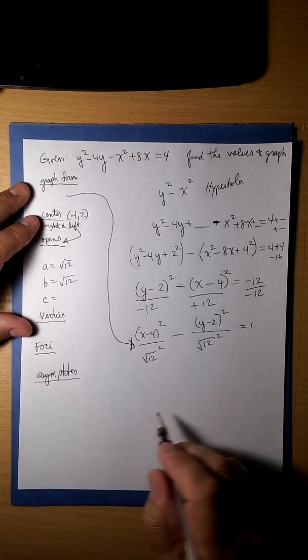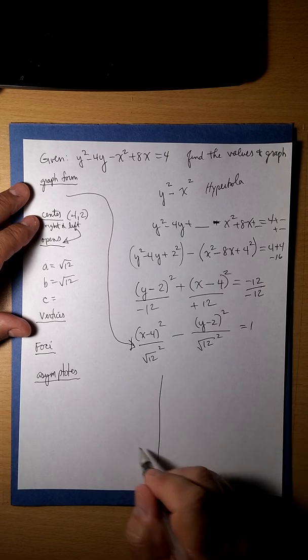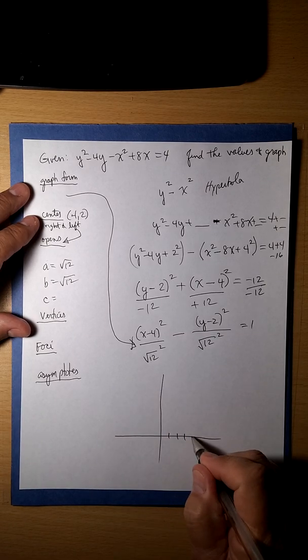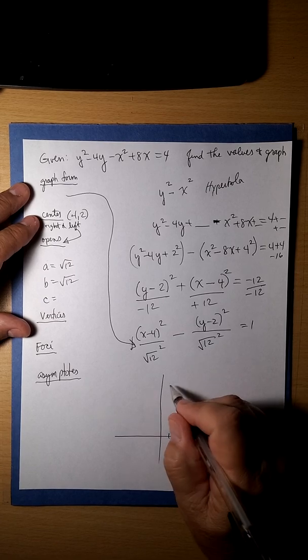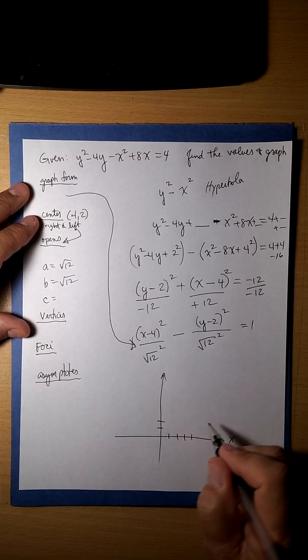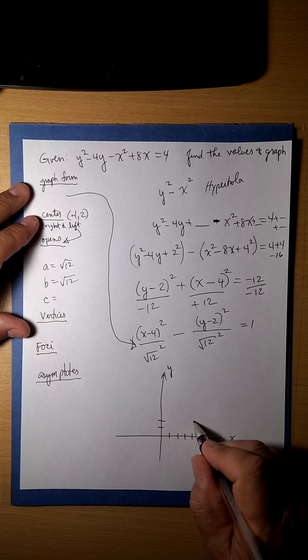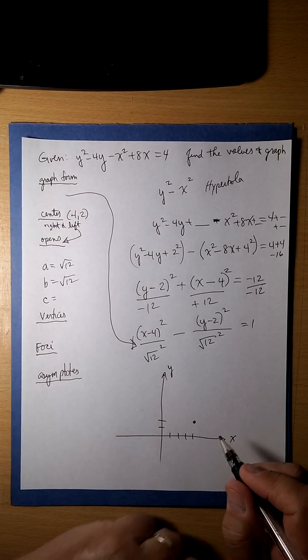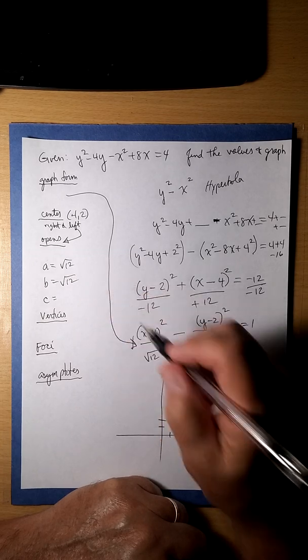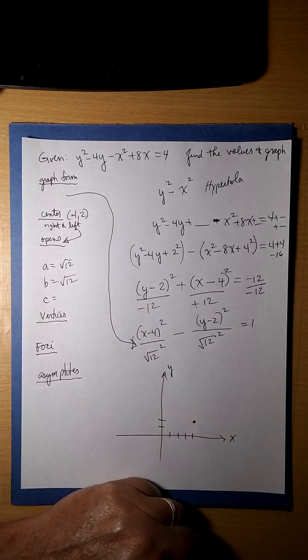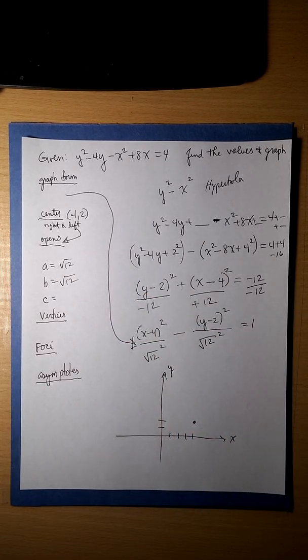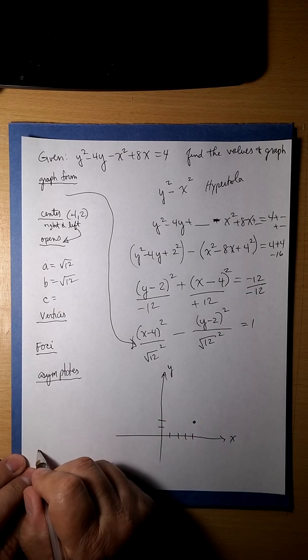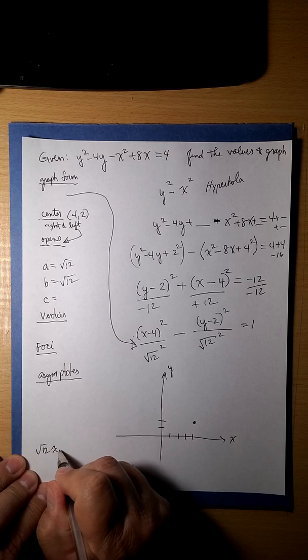So this is 4, 2, to the right and up. So this is the center. a is square root of 12, which is 3.46, approximately.